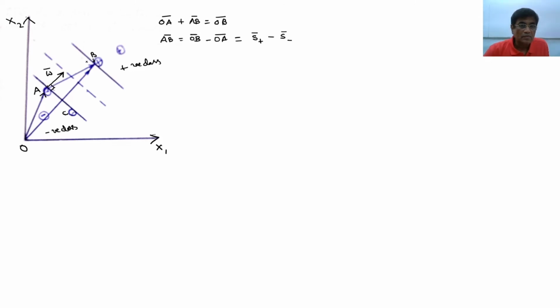Now the width of this gutter is a perpendicular distance, that means it must be in the direction of W. So if I can figure out a unit vector in the direction of W, then if I take the dot product, the width of the gutter, geometrically you can see very clearly, equals AB dot the unit vector, which is nothing but the vector divided by its magnitude.